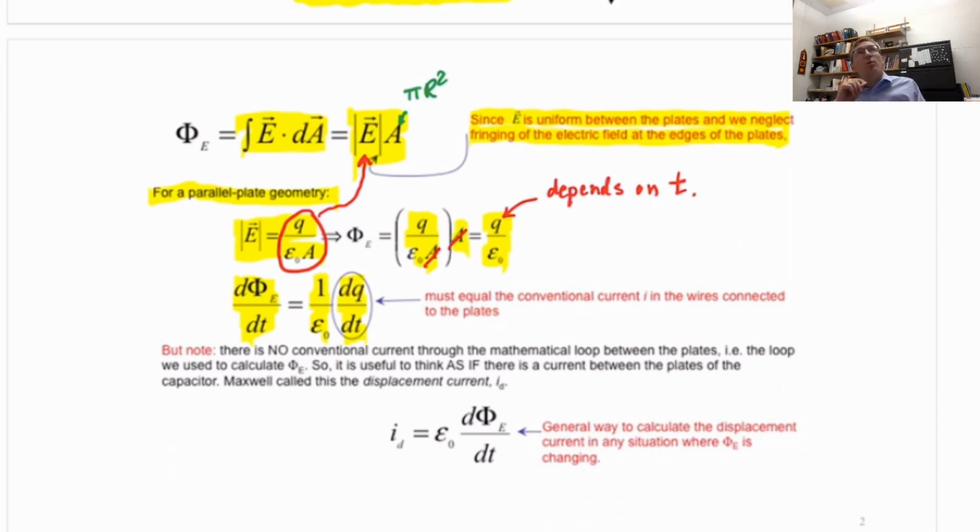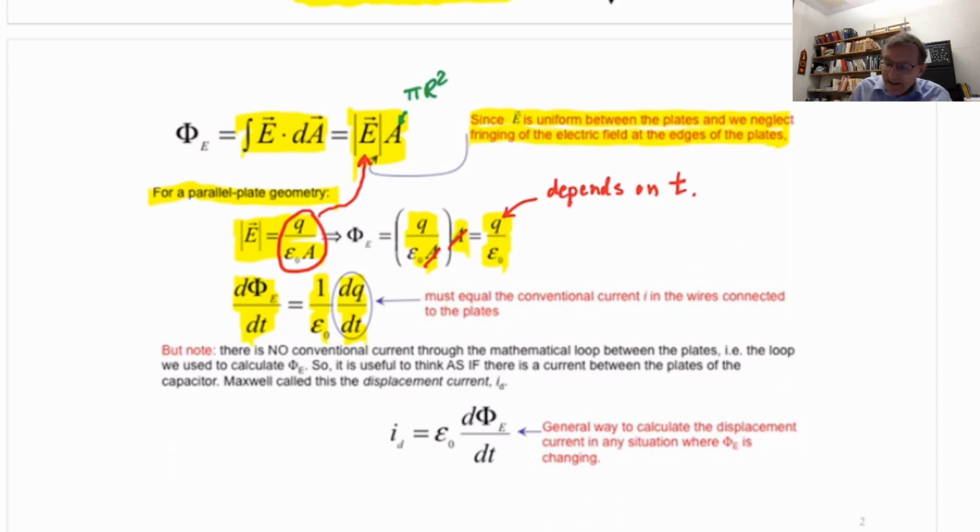But wait a minute, where is that charge on the plates in essence coming from? It's coming from the current in the wires, the conventional current I in the wires. And the rate at which the charge is building up on the top plate has to be exactly equal to the rate at which the charge is moving in the wires, because it's coming in.